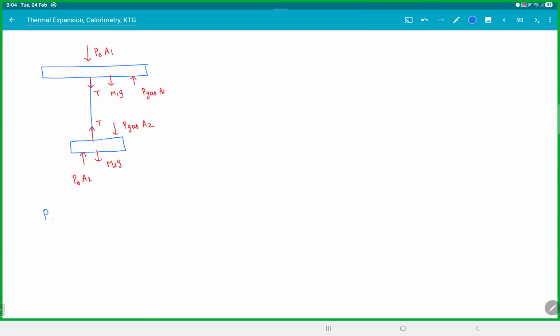And you can clearly see here P gas into (A1 minus A2) minus P naught into (A1 minus A2) is equal to mg. You end up with P gas will be P naught plus capital Mg by delta S. Did you notice something?